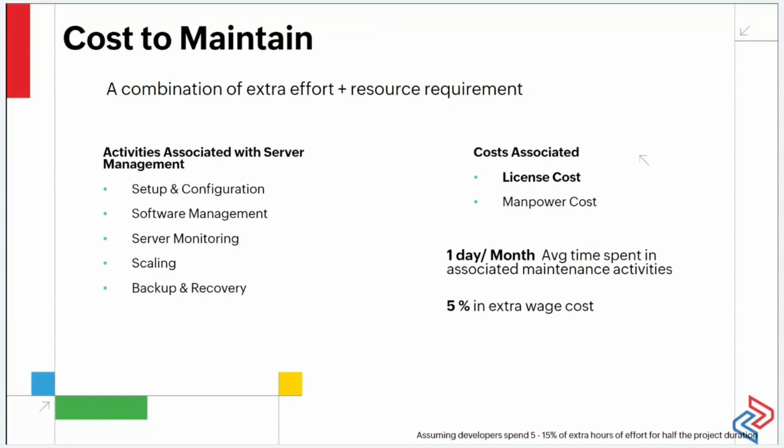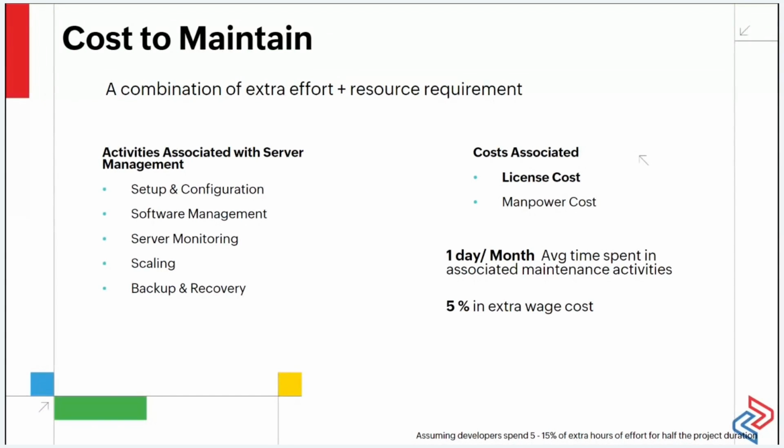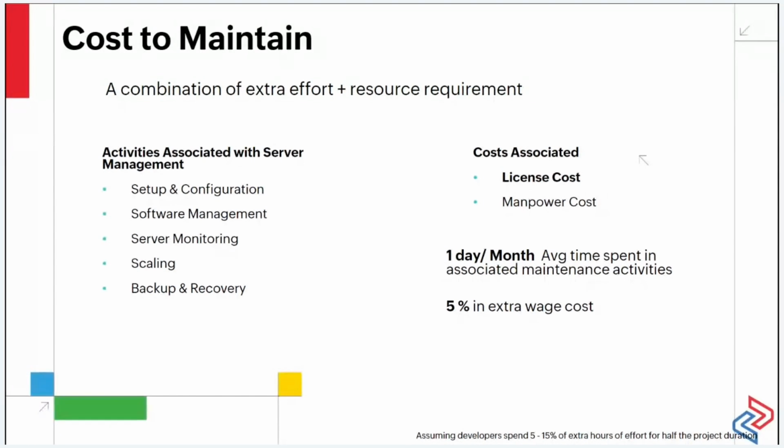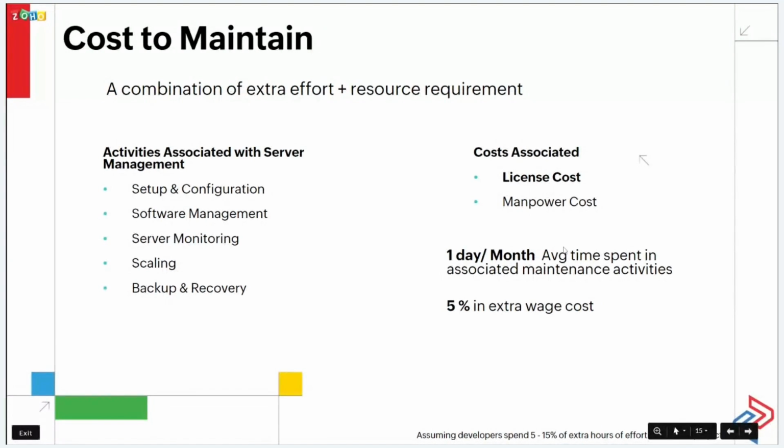The third cost that we'd spoken of in the introductory slide for this session was the cost to maintain. So a cost to maintain would be a combination of the extra effort that you'd want to put in for maintenance and the resource requirement. The activities generally associated with management would involve configuration or reconfiguration, software management, which is essentially installing patches if there are any, or updates, monitoring, scaling, and backup and recovery.